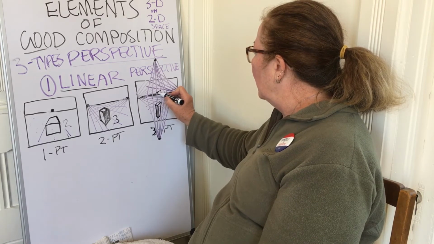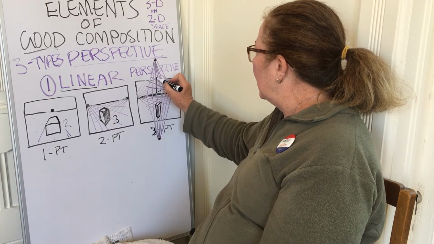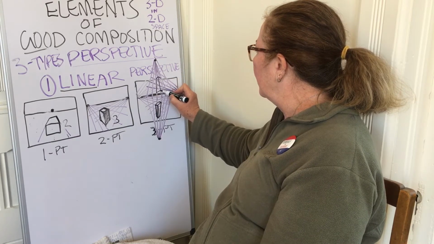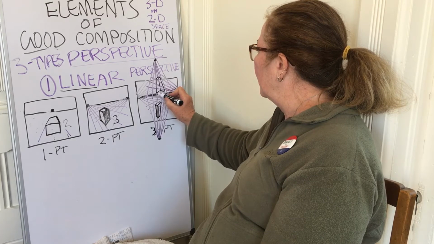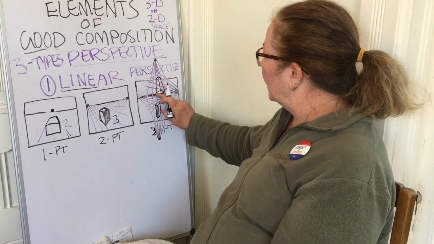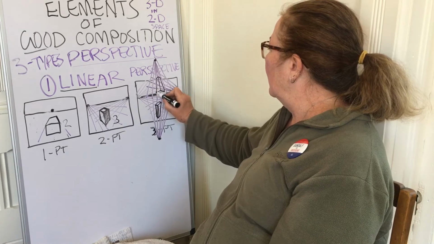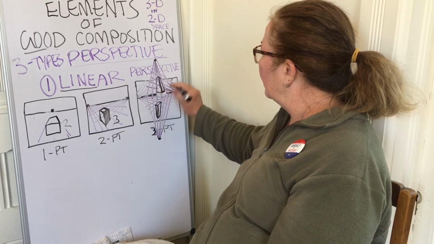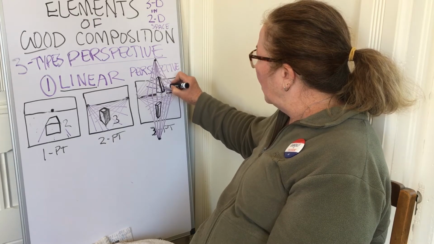So you would notice that the building would seem to get smaller as it goes up. So you might see it looking something like that, or even like this. So you've got something going up.